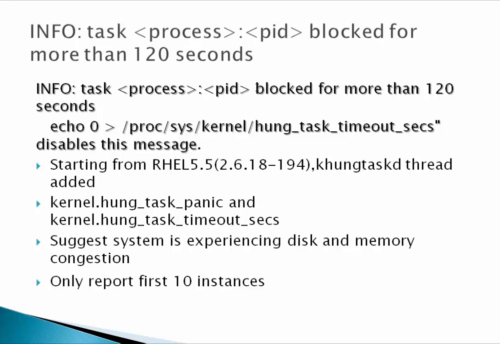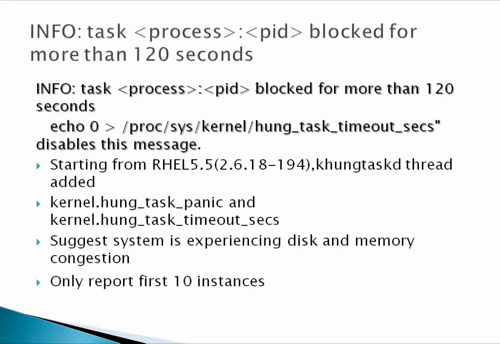Starting from RHEL 5.5, or kernel version 2.6.18-194, the khungtaskd thread is added in the kernel, and it provides the ability to detect a task which has been in an uninterruptible state for more than 120 seconds.